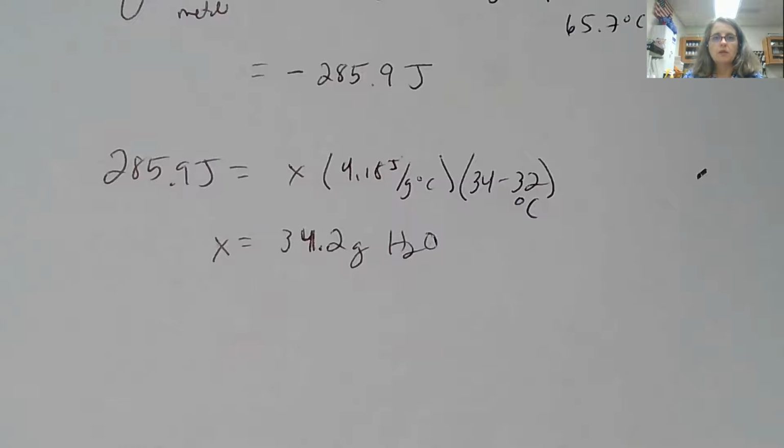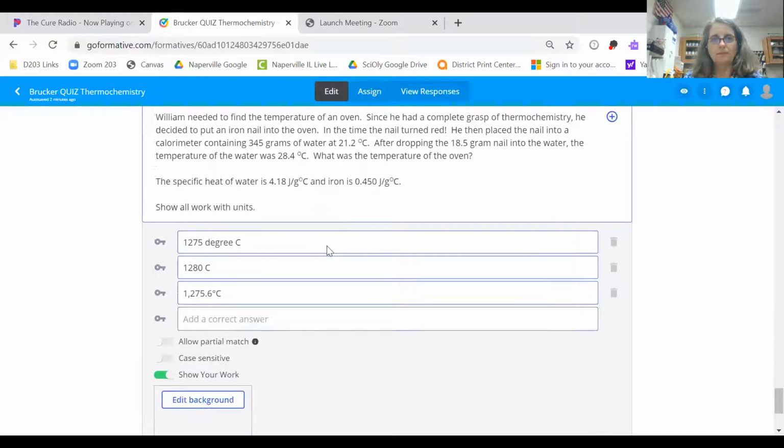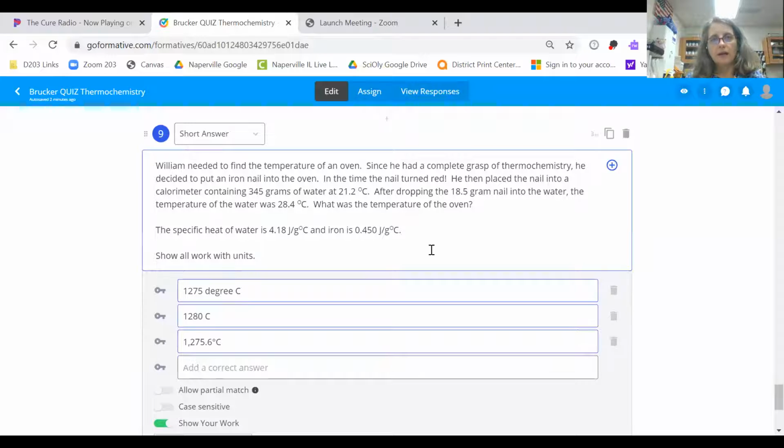All right. So to the last problem, find the temperature of the oven. So this is where we had a nail in an oven for a period of time, it heated up, and then you dumped it into a certain amount of water. So of course you have enough information about the water to solve for the water's heat, and then you use that heat to find the temperature of the oven.